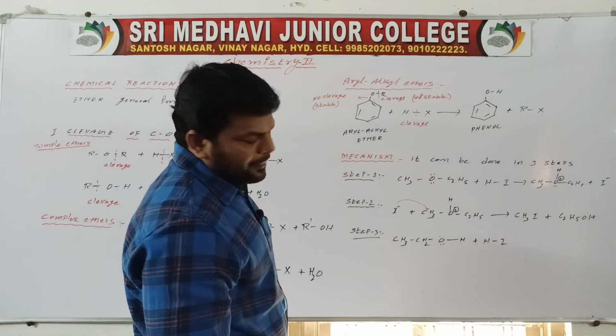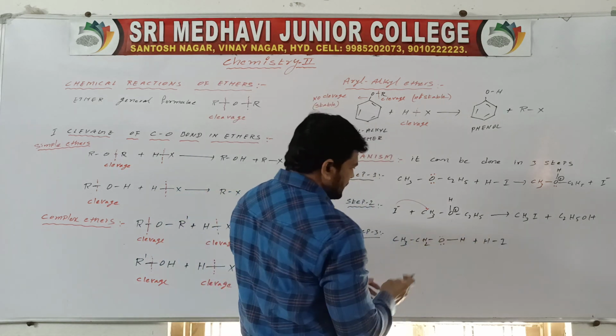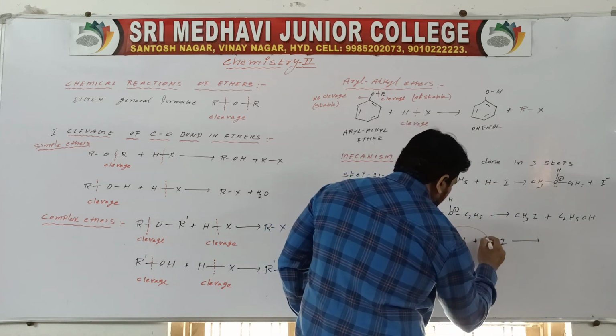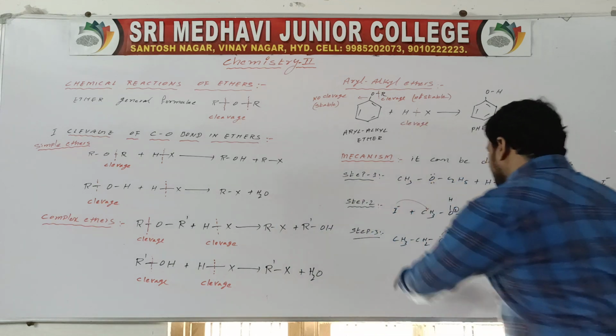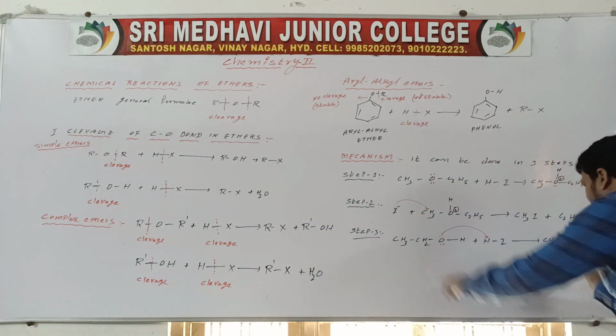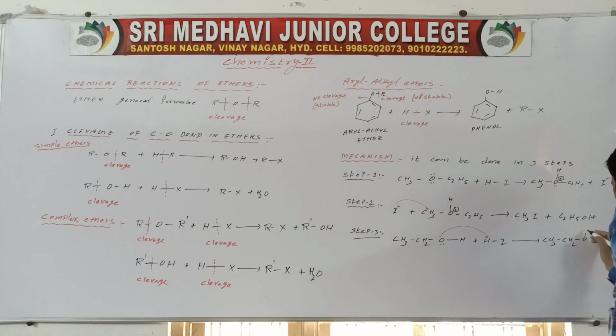Then what happened? The proton is attracted towards this, giving CH3CH2O plus H, and H plus I minus.